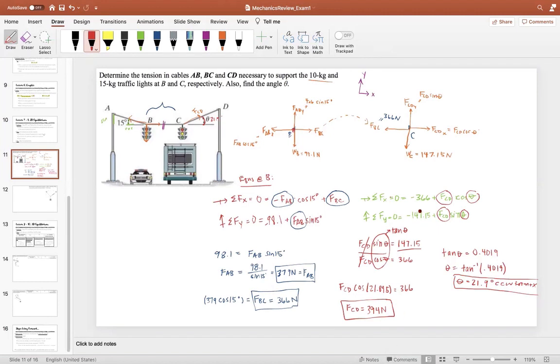All right, so any questions on this problem before we move on to the next one? What kind of time are we looking at? Okay, 130. Any questions? All right, cool. Moving on to the next problem.